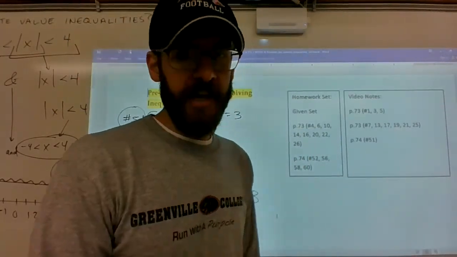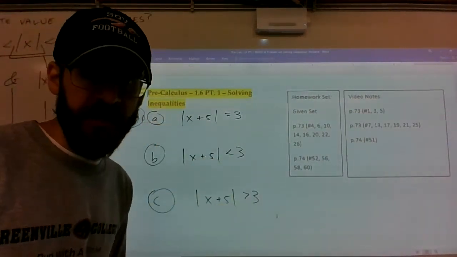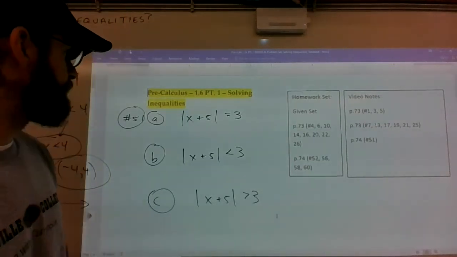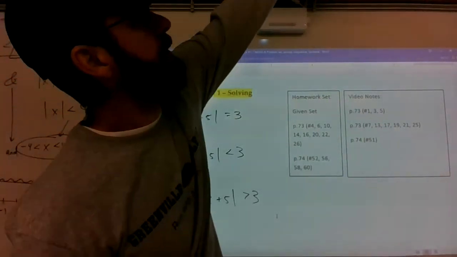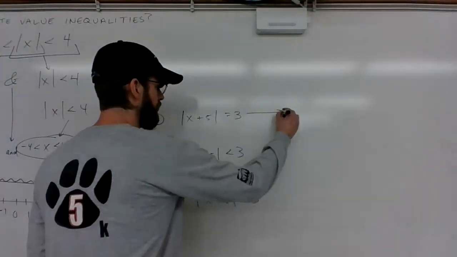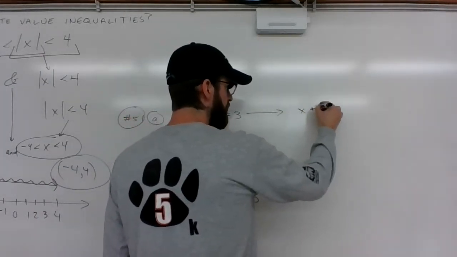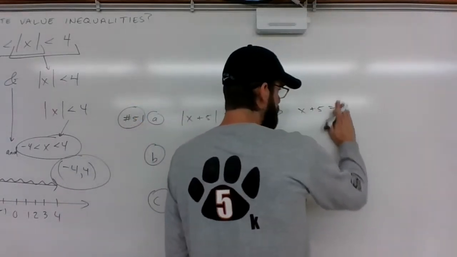So they're basically saying, if you solve the equation for these inequalities, then you really only need the solutions to the equation to figure out the rest. So for part A, you drop the bars, set it equal to both plus and minus.